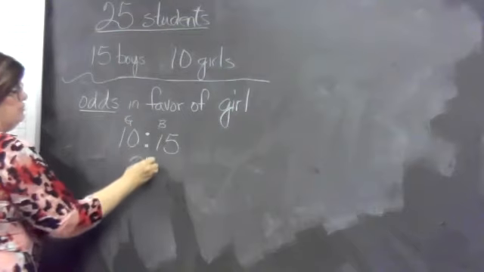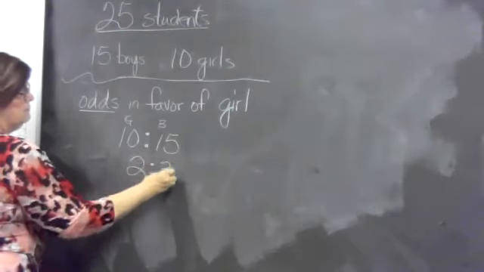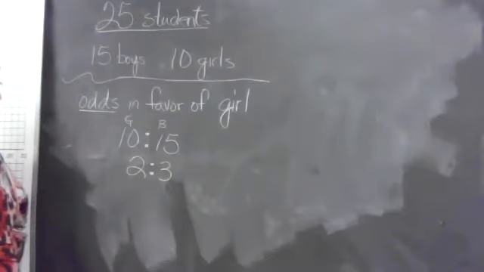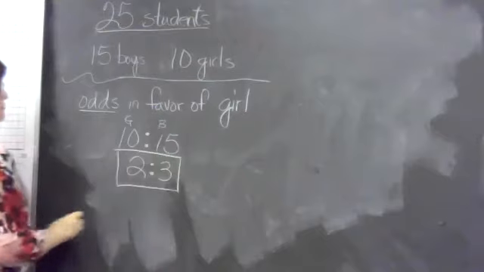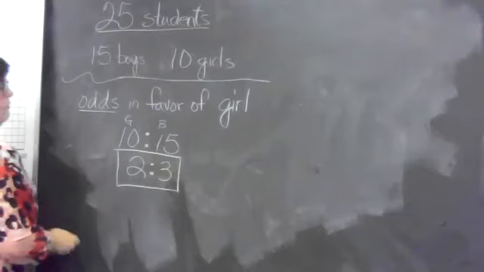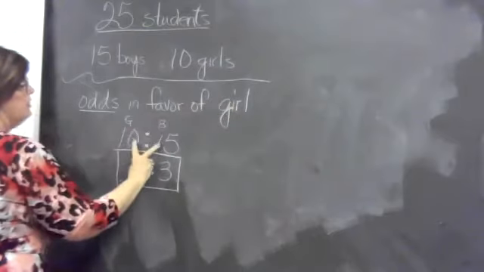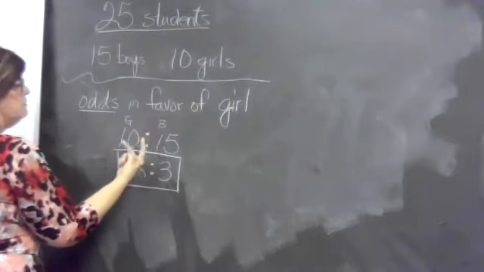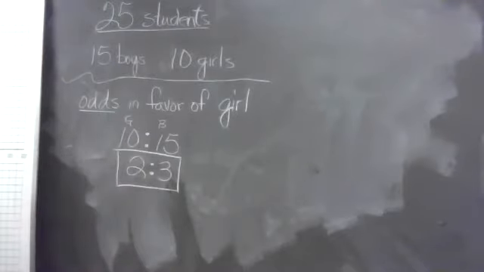And so we have 2 to 3. Okay? This is odds. And of course, if it's odds in favor of a boy, they're just going to be switched. So the boy is in favor here. So it would be 3 to 2.